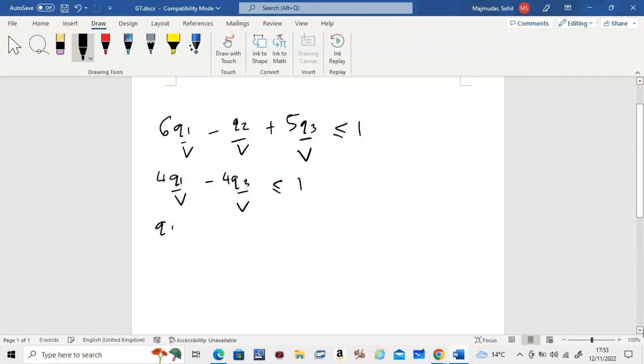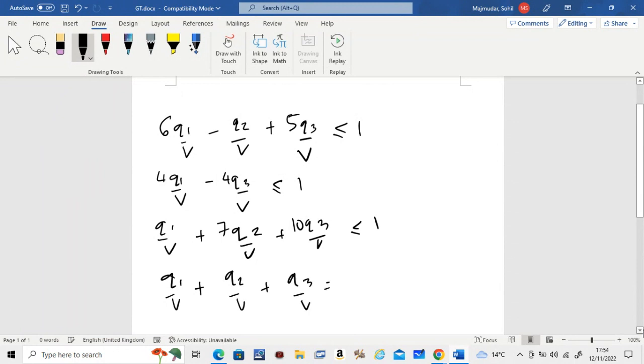And we get Q1 over V plus 7Q2 over V plus 10Q3 over V less than or equal to 1. We also divide the Q1 plus Q2 plus Q3 by V. So we get Q1 by V plus Q2 divided by V plus Q3 divided by V equals 1 over V. We divided everything by V.